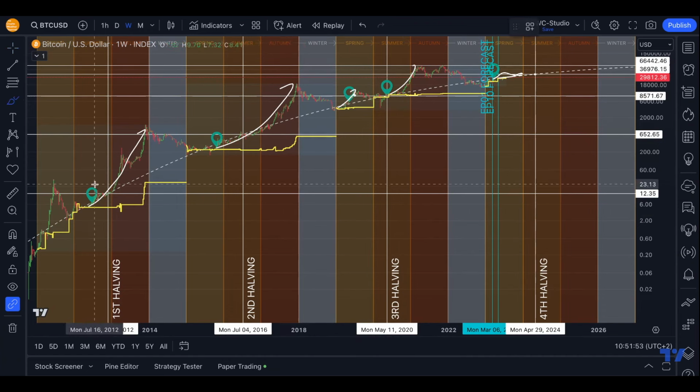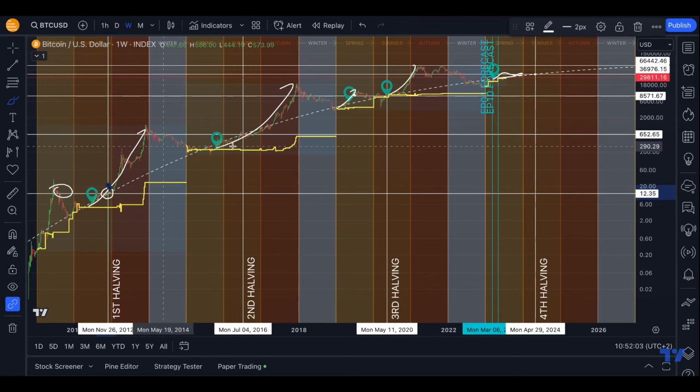As you can see here, in the first cycle, up above that future halving price, well in advance of the halving, and then again in the second cycle, just before the halving, rising up above that and just touching that future halving price there.